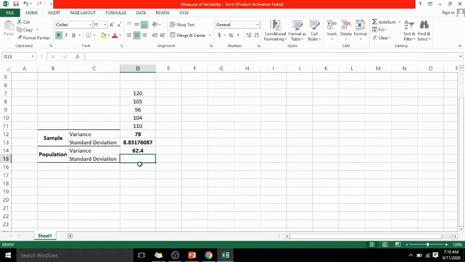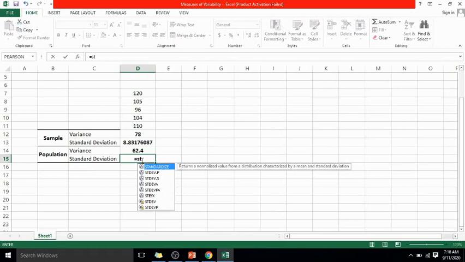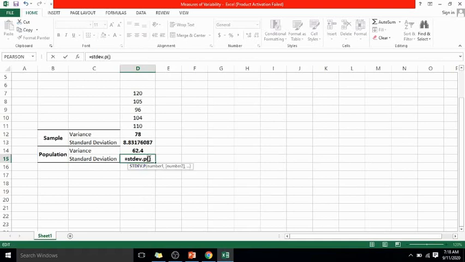And for population standard deviation, it will have to be STDEV.P and your values inside the parentheses. So you notice that these values are the same measures that we have calculated earlier using the manual process.